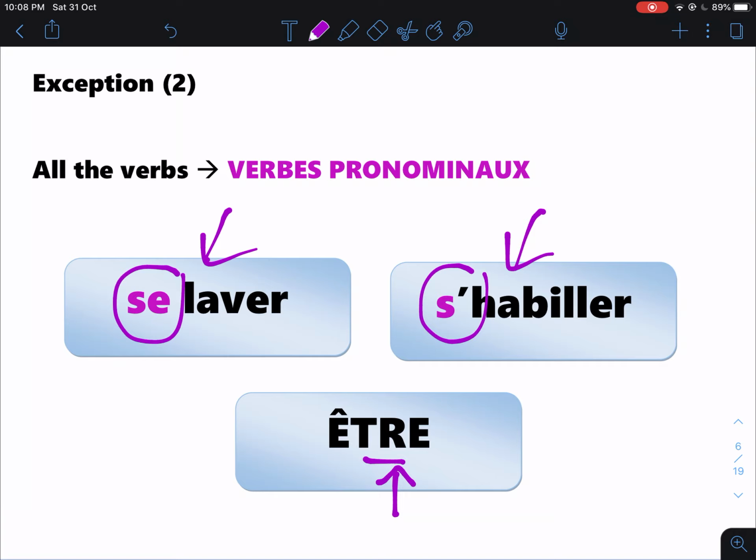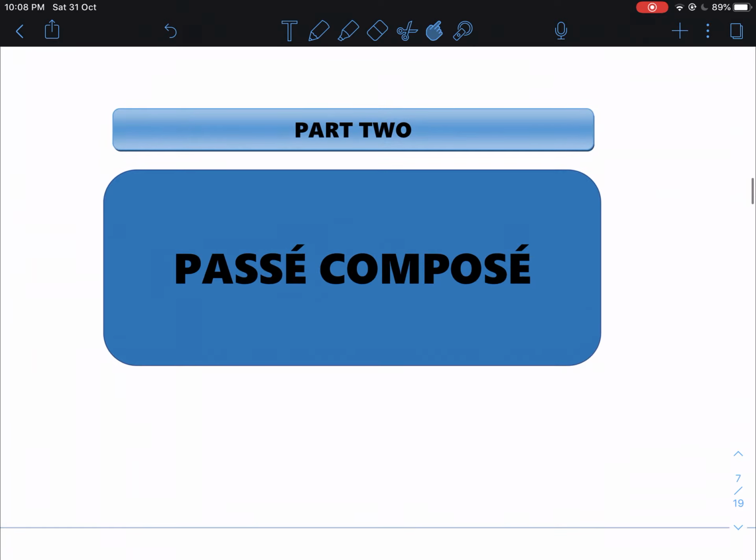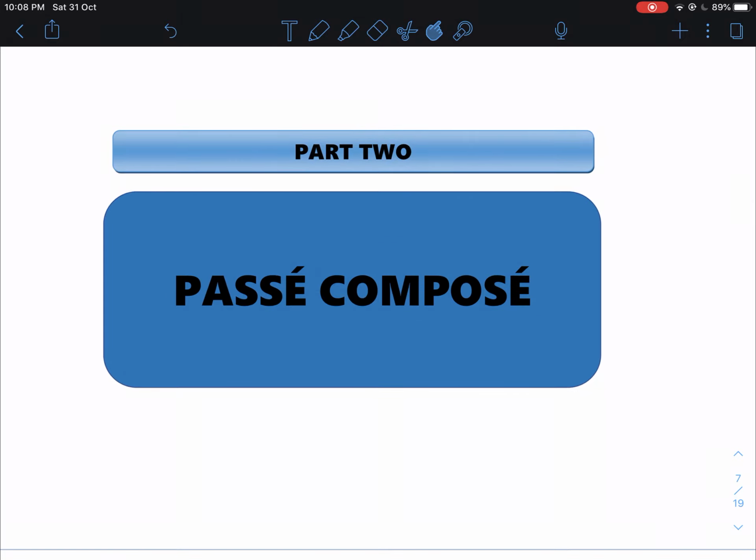Okay, so I hope you are able to get the gist of what a passé composé verb is, in this first clip, part 1. And why we use these verbs in describing what we have done, which is not that far, like last weekend, last month. Right?